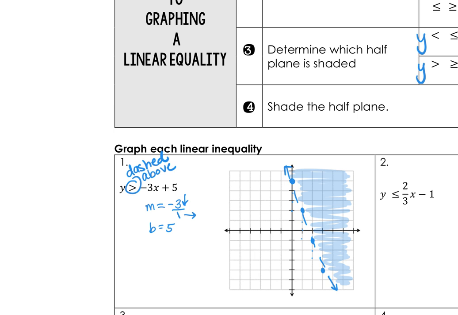to show, if I were to plug in one of these points, like 3, 3, well, -3 times 3 is -9, plus 5 is 4. And the y value I would have plugged in was 3. No. What did I do here? 3, 3.